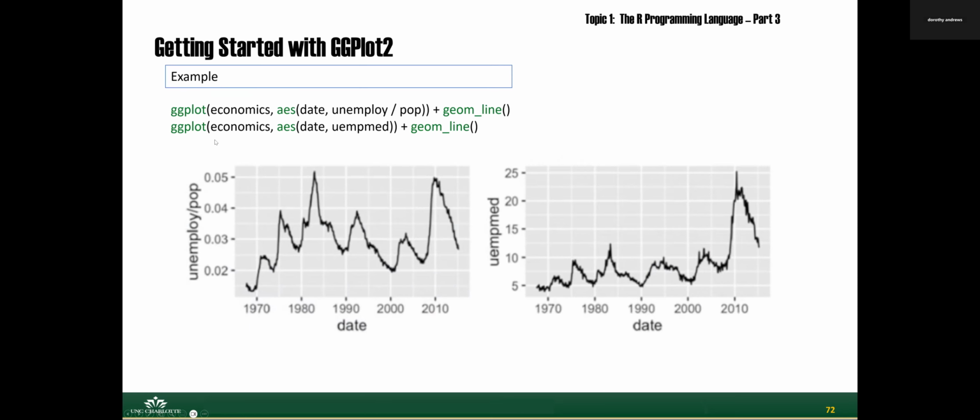With this economics data, we're looking at the years from 1970 out to about 2005. You can see that the data seems to be increasing, then it comes back down, and then it goes up again.